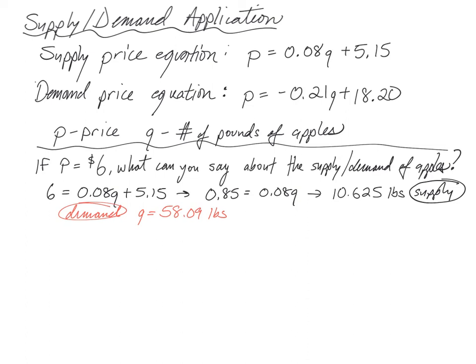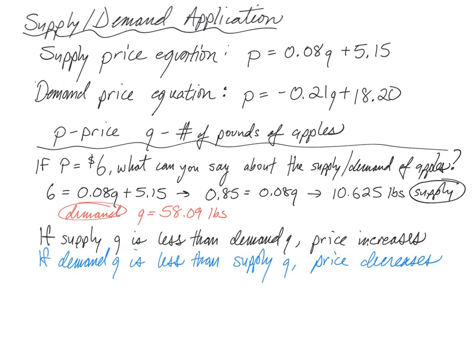That means when you go back to your farmer's market or whatever with your number of apples, you can charge a higher price for these apples because people want them. And very similarly, if the demand quantity is less than the supply quantity, the price will go down. If you show up to the farmer's market with more apples than people want, you will probably discount them at the end of the day just to make sure you can sell what you have.